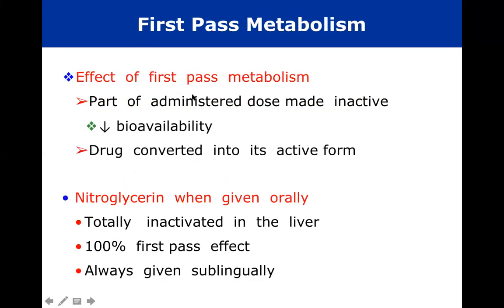The effect of first pass metabolism is that part of the administered drug is made inactive, that is to say it decreases the bioavailability, while sometimes the drug is converted into its active form, which is beneficial.